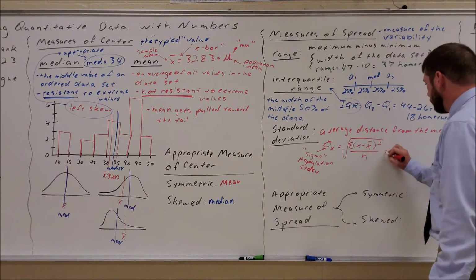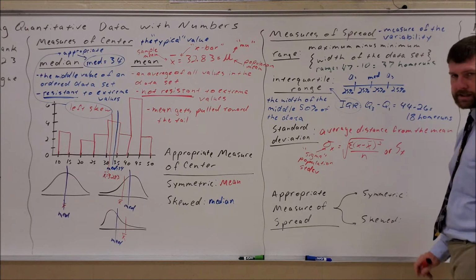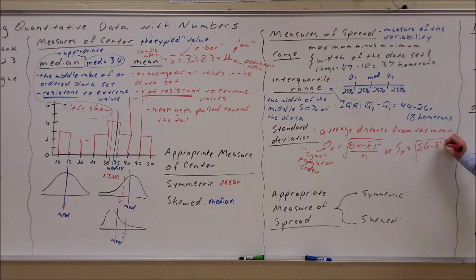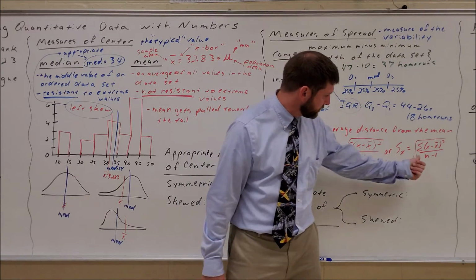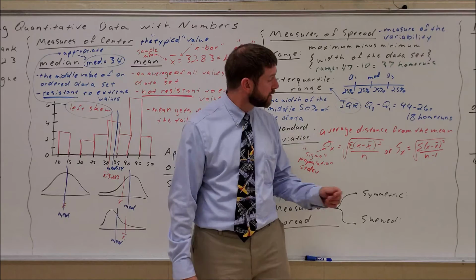So if we want to deal with sample standard deviation, and we just use S sub X for that, that's going to be a very similar formula, the square root of the sum of X minus X bar quantity squared, but now it's going to be over N minus 1. Why is it going to be over N minus 1? Because we use samples to estimate what's going on with the population.